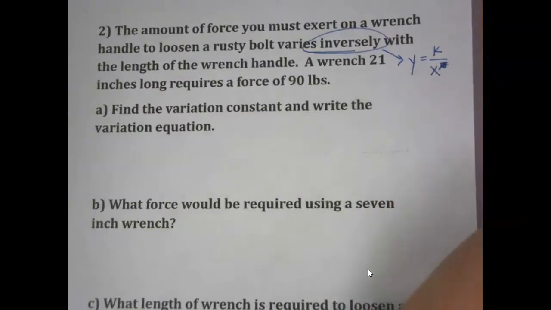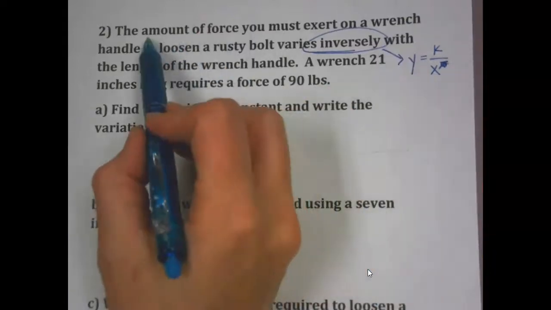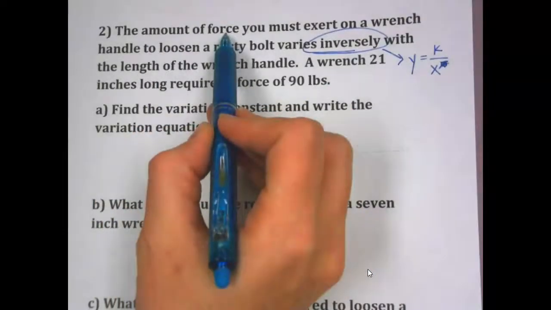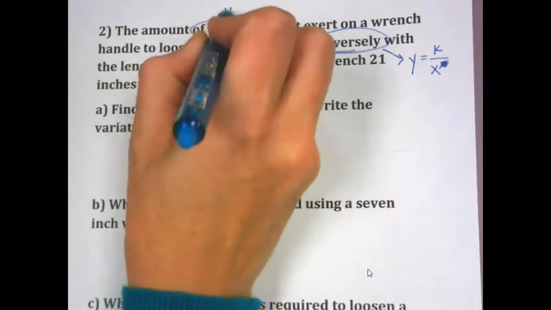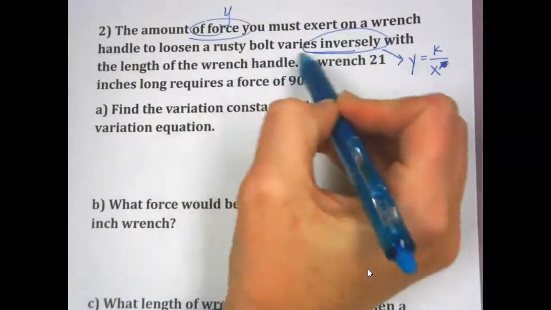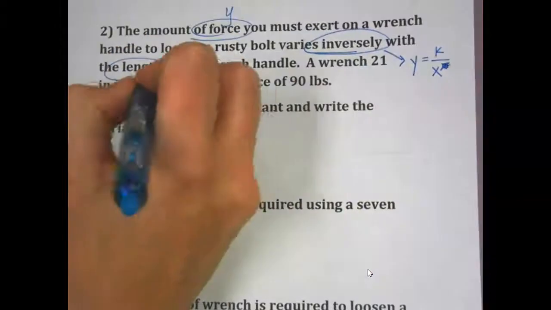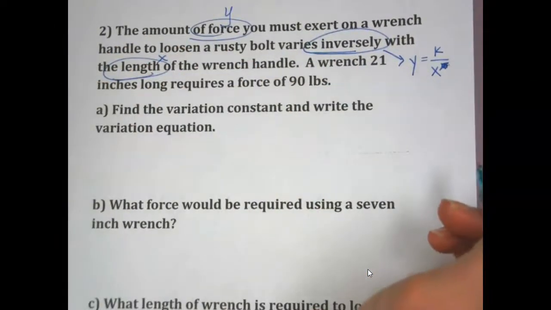Then I need to figure out what is my y variable and what is my x variable. So the amount of force you must exert, that's what comes first, that's your y, varies inversely with the length of the wrench, so that's my x.